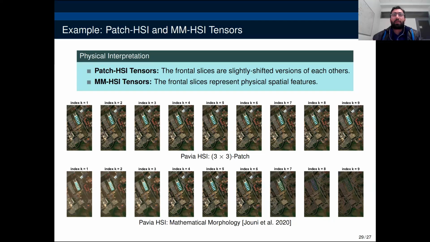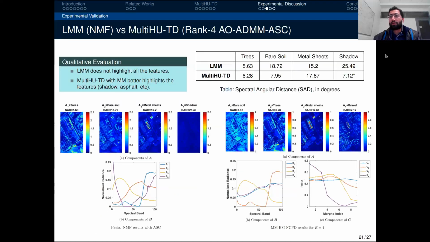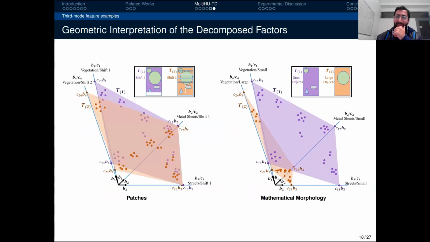Let's go back. This is why here we see some features that are highlighted, because the relatively low amplitude is absorbed by another matrix, so it keeps it. You could see it here, for example, but it's a bit heavy to see.